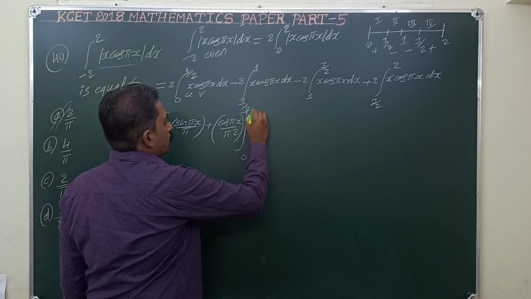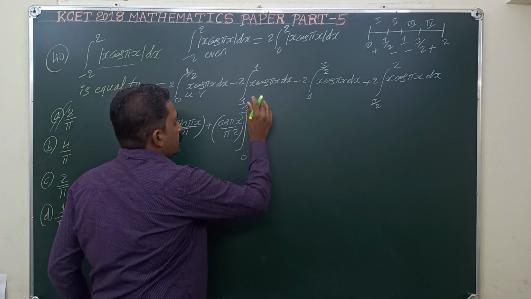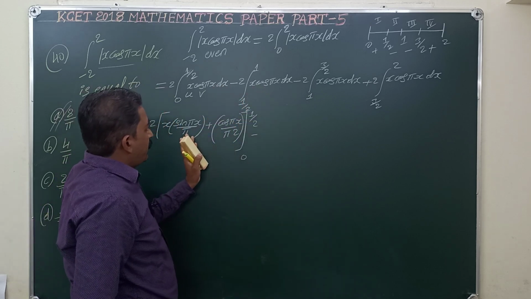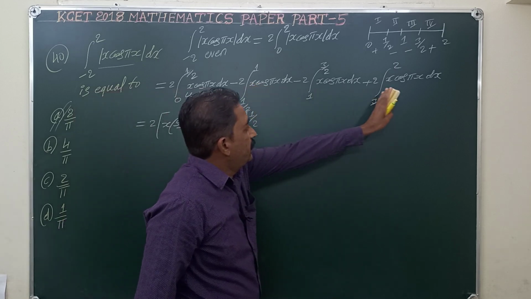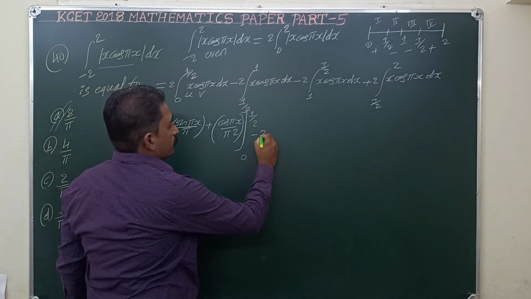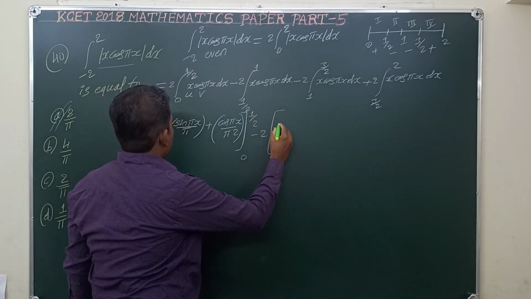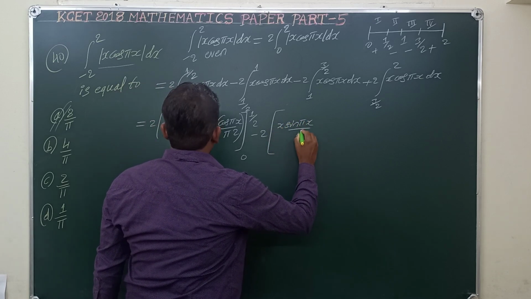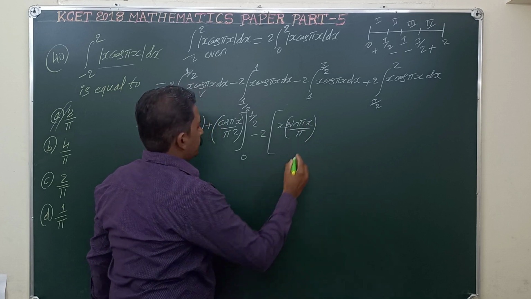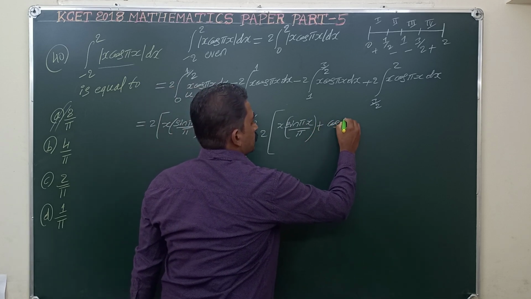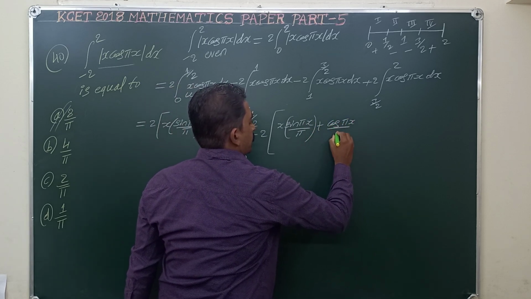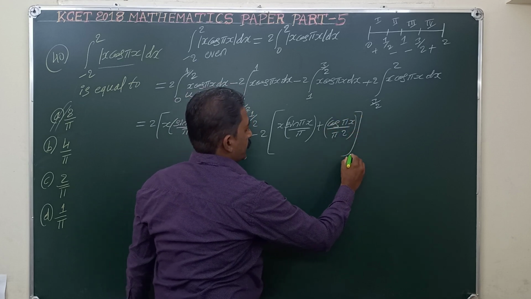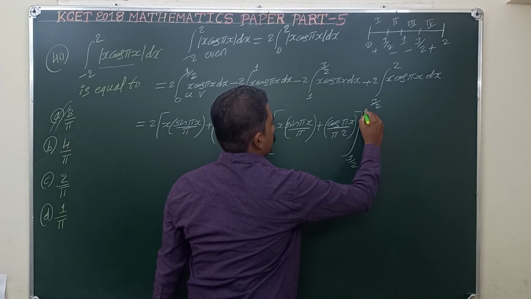For the first interval, from 0 to 1 by 2, the same integrand x cos pi x gives the same value in all four integrals. So we can directly write: minus 2 into x sin pi x divided by pi plus cos pi x divided by pi square from 1 by 2 to 1.